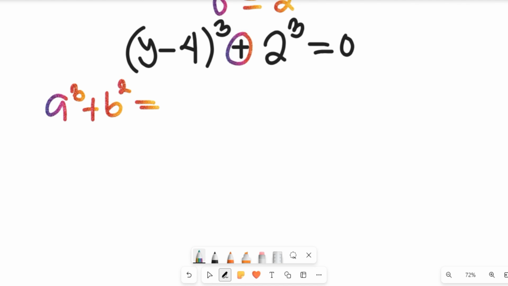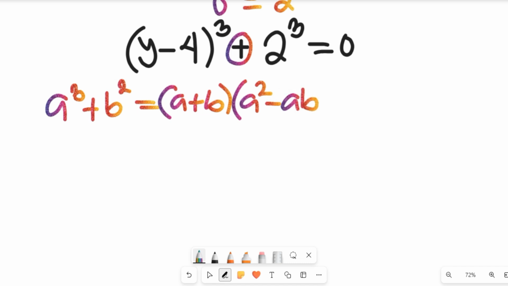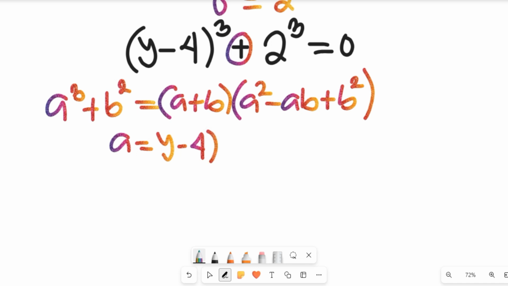From the algebraic expression, we're going to have a plus b, and then we'll have the first squared, minus the first multiplied by the second, plus the second squared. Now from this expression, you come to see that a is equal to y minus 4, and b is equal to 2.